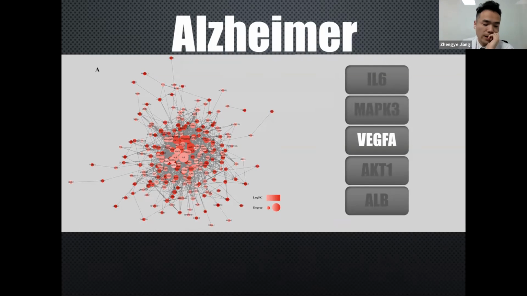Third, VEGF-A is a growth factor secreted by tumor cells. It participates in tumorigenesis and development. It can trigger the germination of existing vascular cells to form a new vascular system.